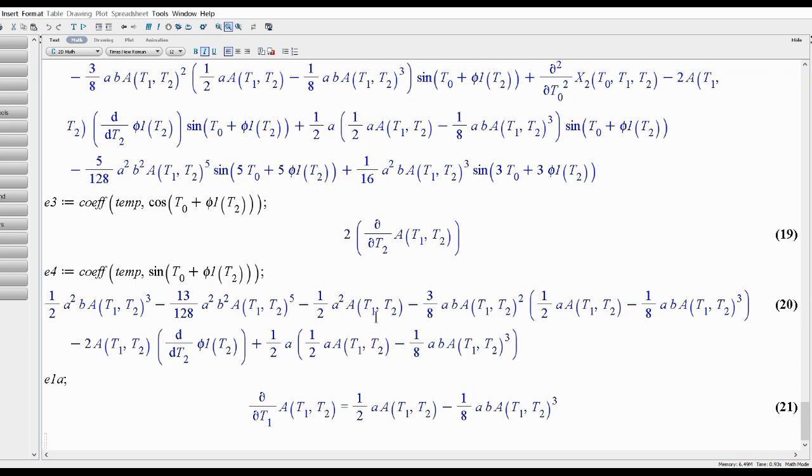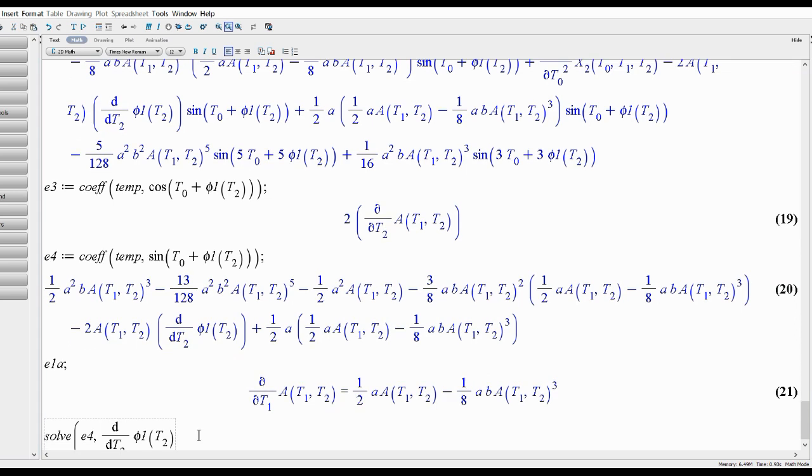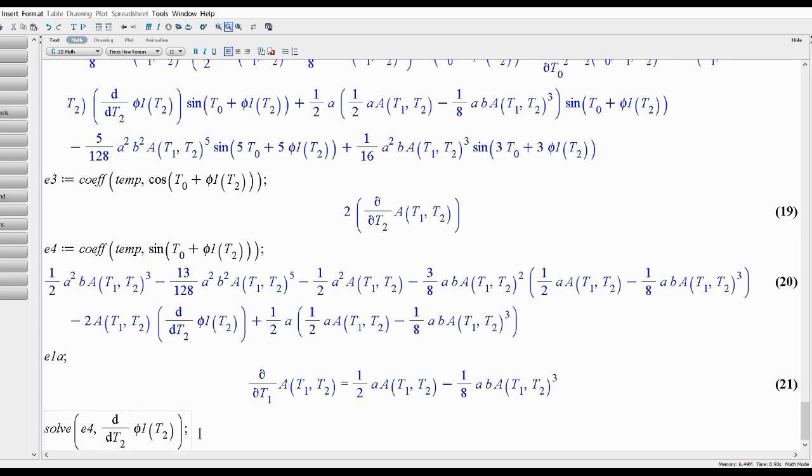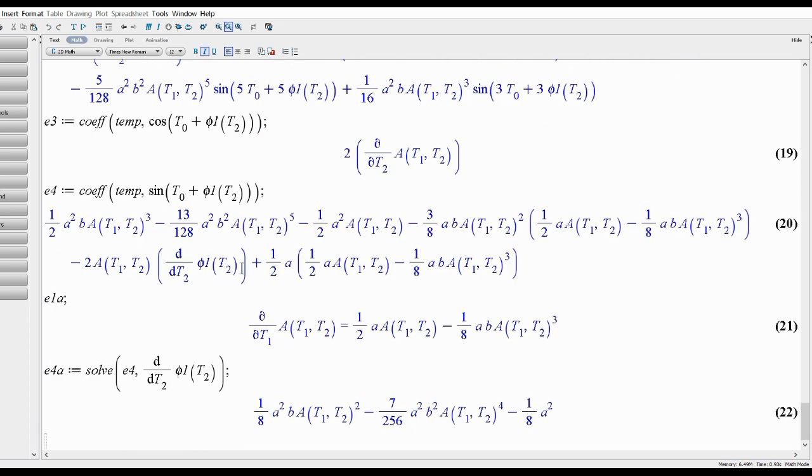What we will do is we will say solve E4 for this here. So it's an order epsilon square change, and let's call this E4A, right? So now there it is. It's not that bad, and you see that if B is 0, that means the van der Pol oscillator is not there.